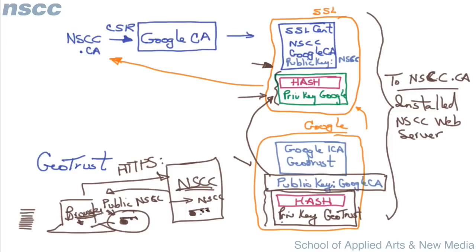And both ends now use this symmetric encryption key to exchange information in the rest of their session. So whether they're doing a credit card sale or whatever, the rest of the communication path will use this system. So this system here is how a chain of trust is established.